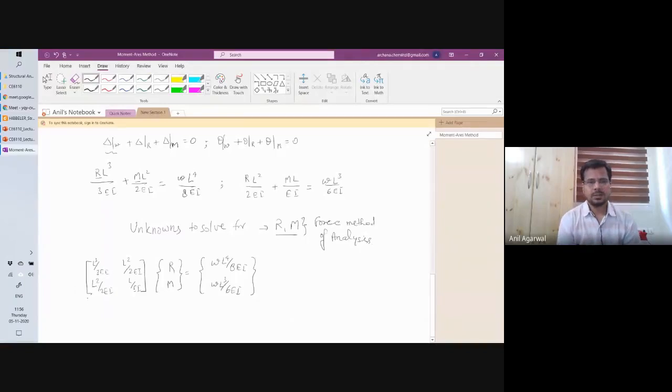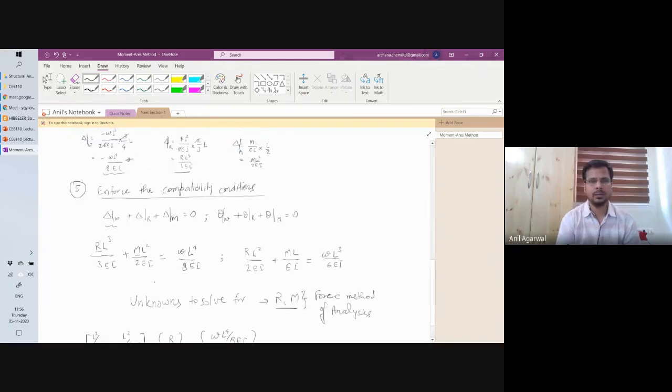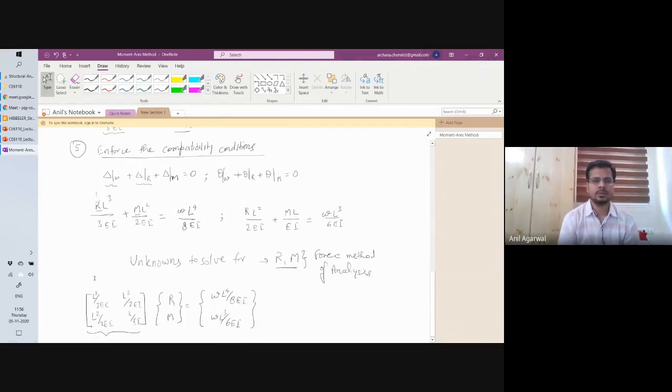So these terms, if you look carefully, what do they represent? This L cube by 3EI, what does it represent? L cube by 3EI was basically your delta R term. R L cube by 3EI was the delta R term, which was basically saying, if I put R equal to 1 here, I get L cube by 3EI. That is what you have inside this matrix.